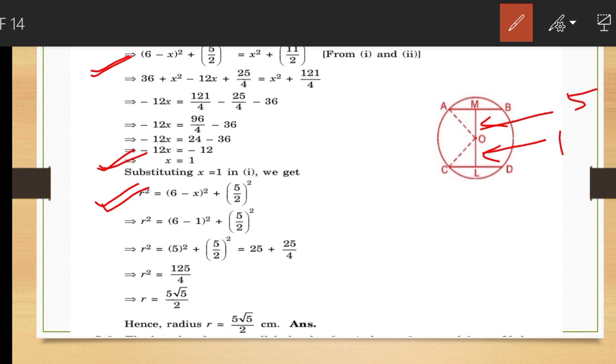So we get R square is equal to 5 whole square plus (5 by 2) whole square, that is 25 plus 25 by 4, which will give us R square is equal to 125 by 4. On taking the square root, we will get 5 root 5 by 2. So the radius of the circle is 5 root 5 by 2.